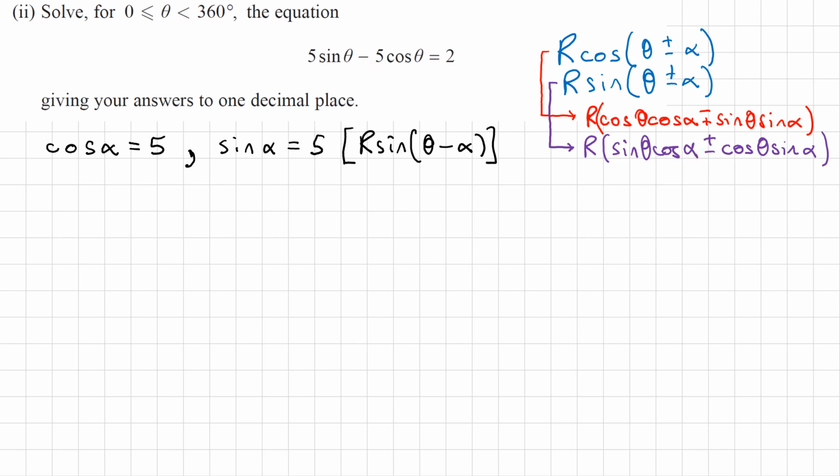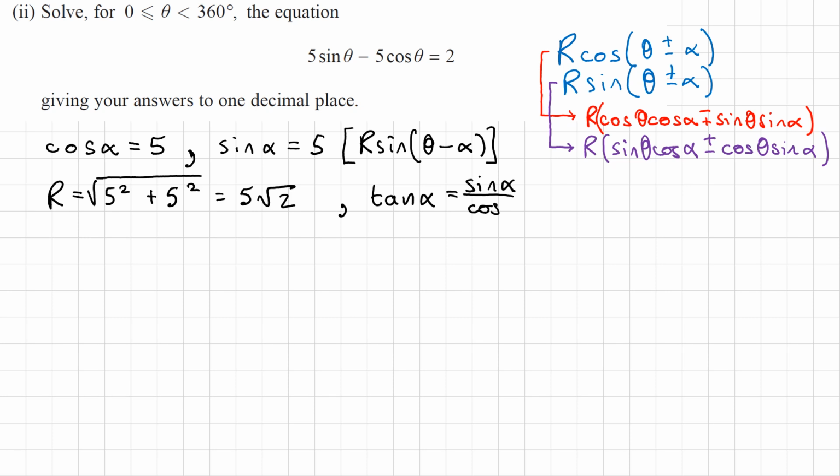So now we're going to work out r and alpha. Now r is always just the square root of the two numbers squared. We do Pythagoras on the two numbers, and the two numbers are 5 and 5. So the square root of 5 squared plus 5 squared, and that's the square root of 50, which is 5 root 2. And then we can work out alpha, and tan alpha is equal to sine alpha over cos alpha.